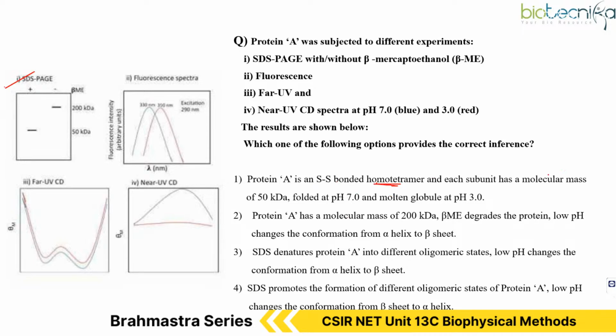What is the role of beta mercaptoethanol? What is the role of SDS, right? And then far UV circular dichroism or near UV circular dichroism spectra. So which region of ultraviolet radiation is used to determine the secondary structure, tertiary structure? Accordingly, you can answer this question.